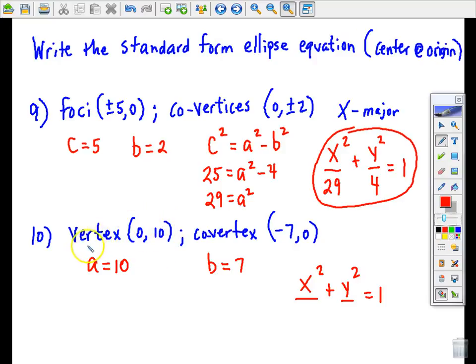So by showing you that the vertex is on the y-axis, they're basically telling you that y is the major axis. Okay? So since a is 10, a squared is 100, and I'm going to put a squared underneath y squared to show that y is major. That means b squared is going to go underneath x squared, and b squared, which is 7 squared, is 49. Okay, so that's my answer for number 10.